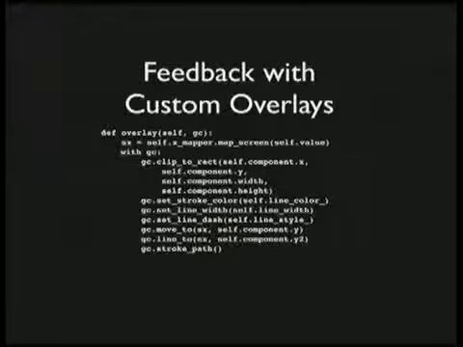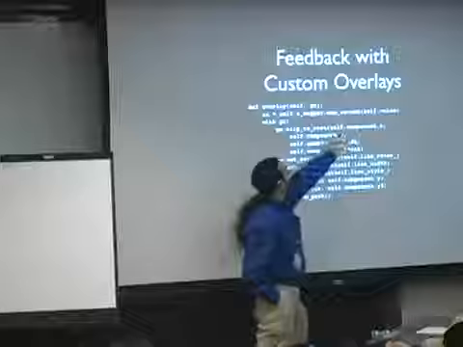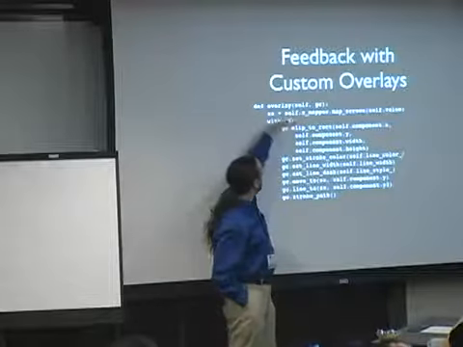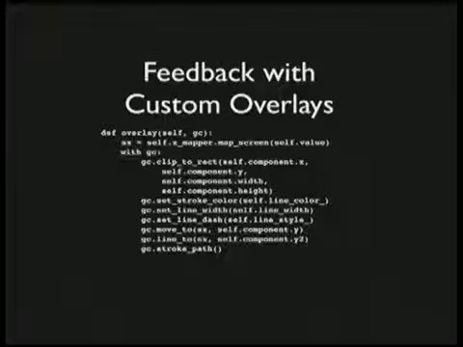There's a little bit more here, but we're basically taking the value that we're looking at, we're mapping it to screen coordinates, and then we're doing a little bit of Kiva code, where we're clipping to the rectangle that we're looking at, and we're drawing some lines of a particular color, width, and style at a particular X location, the full Y height. So, again, this is not hard code to write. It's doing something very, very simple. But when you start gluing these simple things together, you can start getting quite nice effects.